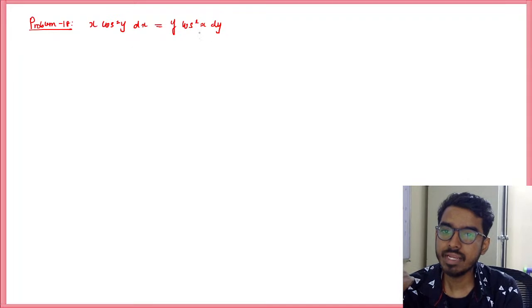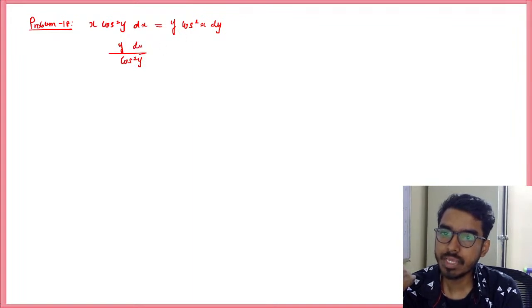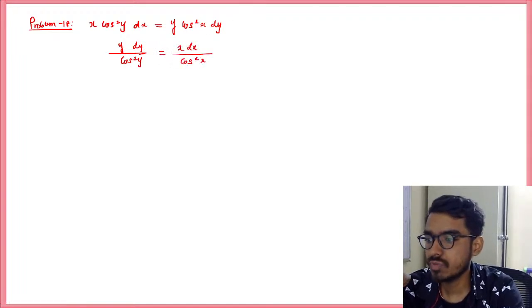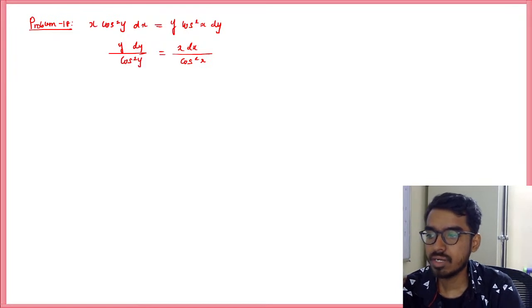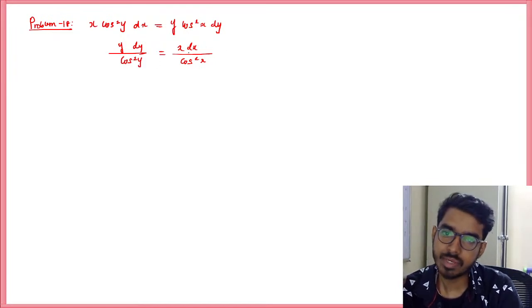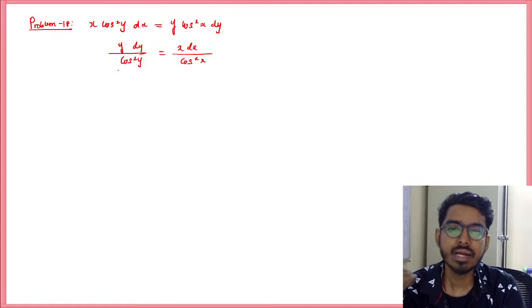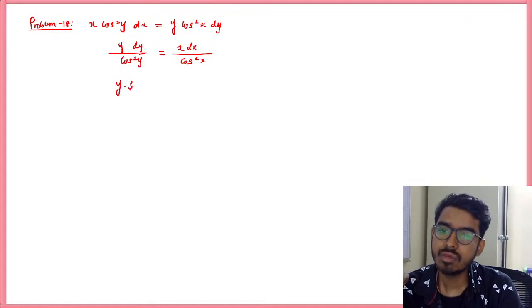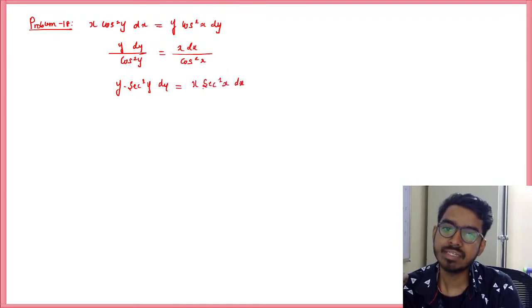So we have y dy divided by cos square y is equal to x dx divided by cos square x, right? So I can write 1 by cos square y as secant square y. So y into secant square y dy is equal to x into secant square x dx, right?